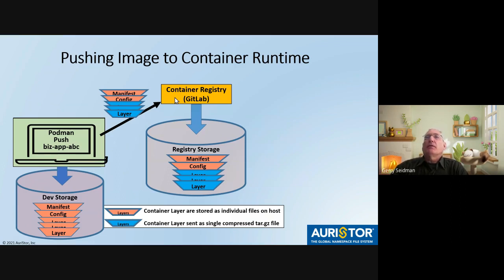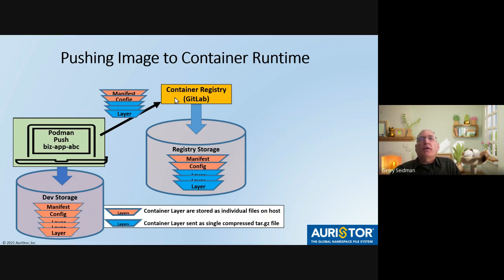On the local machine, if you built a container with a bunch of layers, you have all the files locally. In particular, you also have a manifest and a config file. It's a well-defined manifest. It just tells me about the container image.